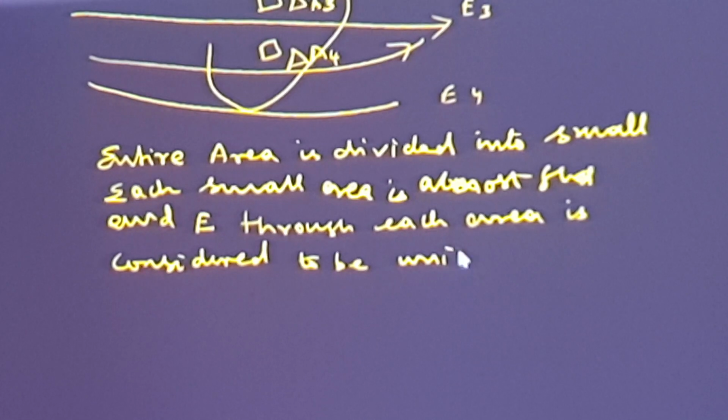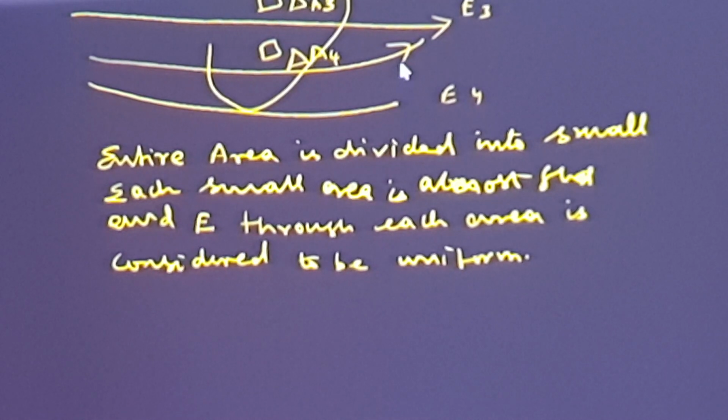When you are considering the total area, then the total area is not available in a uniform electrical field. It is said to be in a non-uniform electrical field. The electrical field at different points is different. So we are saying it is a non-uniform electrical field.